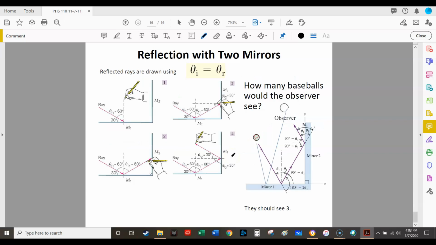So it's really interesting. And here's a more detailed version of what is happening. So how many baseballs, again, this is the same kind of problem. So how many baseballs would you see? So you would actually see 1, 2, 3 images formed here in this way.